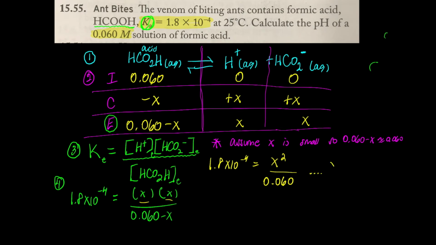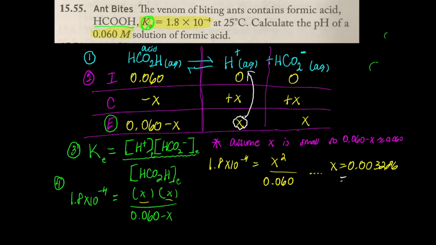So that gives us, after all of our mathematics here, 1.8 e minus 4 times 0.06 equals, don't forget to hit the square root button on your calculator, and I get 0.003286, something like that, okay? Now, what is x? X, remember, once again, is just a value that represents the concentration of H+, okay?